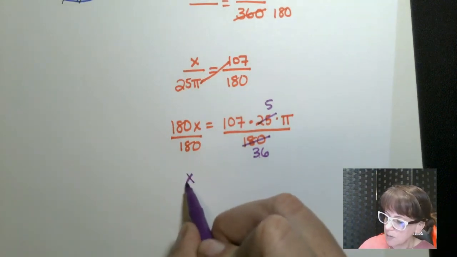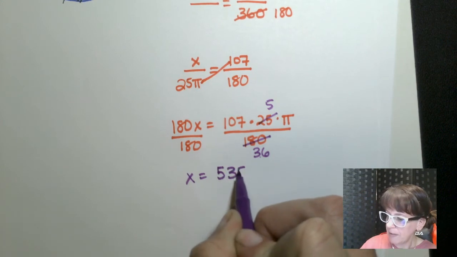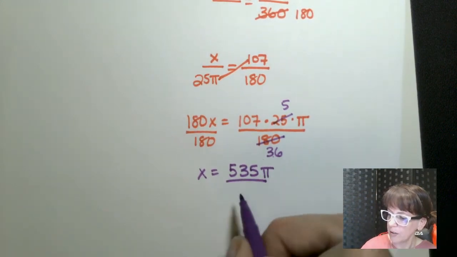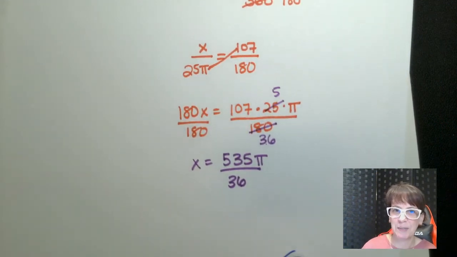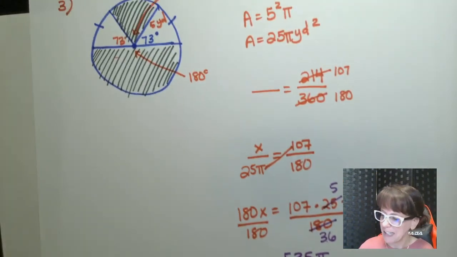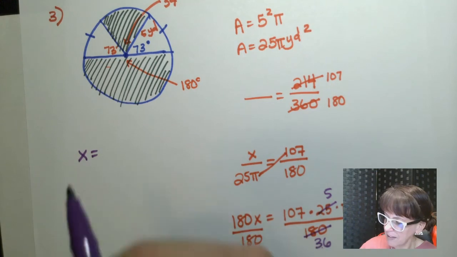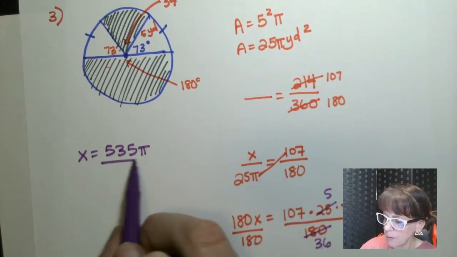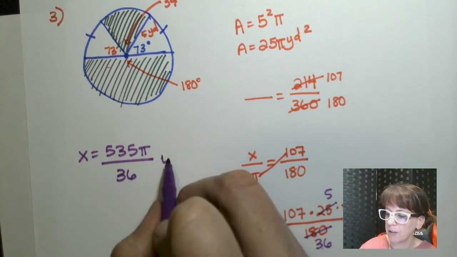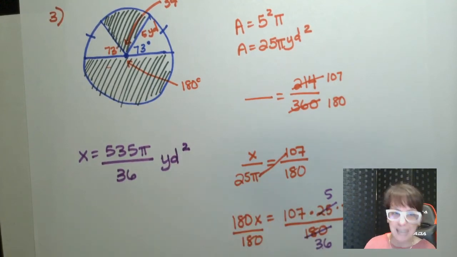So we get x equals 535 pi over 36. Sorry, my scribbling out there when I was practicing earlier. So our exact answer is 535 pi over 36. And remember, we're talking about yards, so yards squared. That's our exact answer.